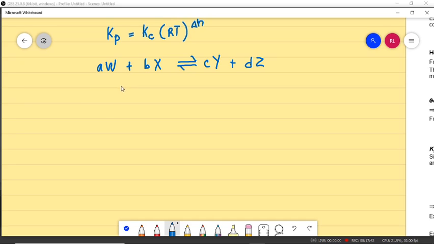So, what is the expression for K sub P? You have K sub P is equal to, as what I have said, ganon pa rin.